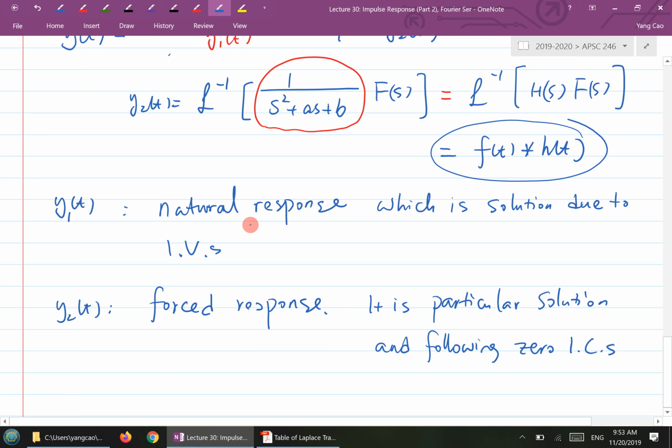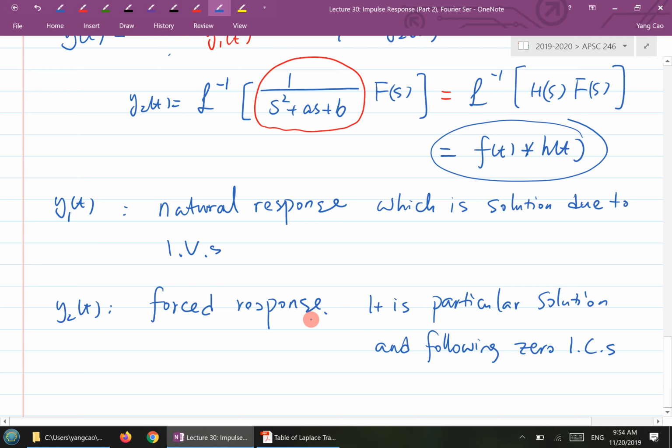So the natural response most of the time will go to zero, will settle down. A forced response is a different story. It really depends on the system input, and also depends on the system characteristics. So you could have a stable system, you could have an unstable system.